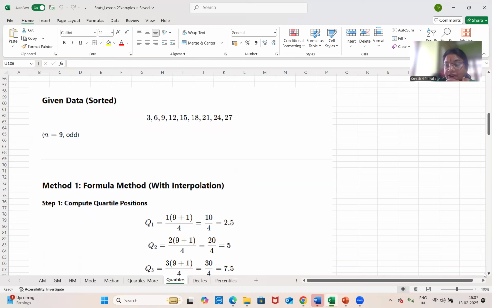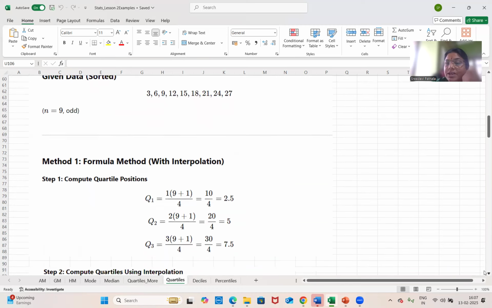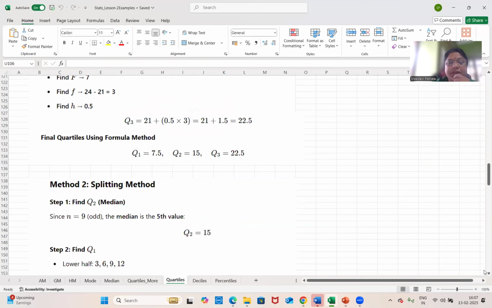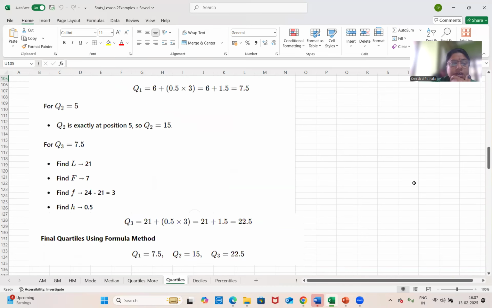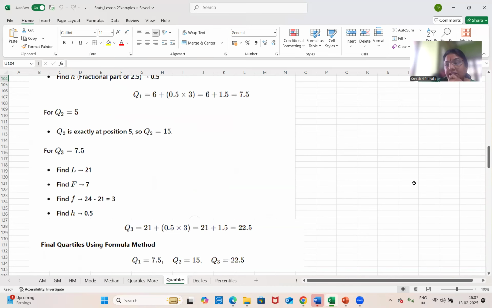So 21 becomes your L, and small f becomes 24 minus 21, which is 3. Capital F becomes 7, and H becomes 0.5. Now substitute the values into the interpolation formula.